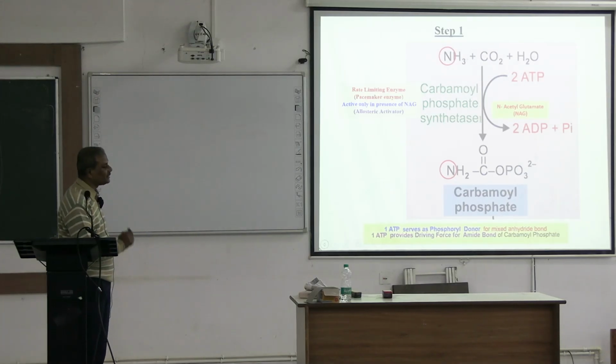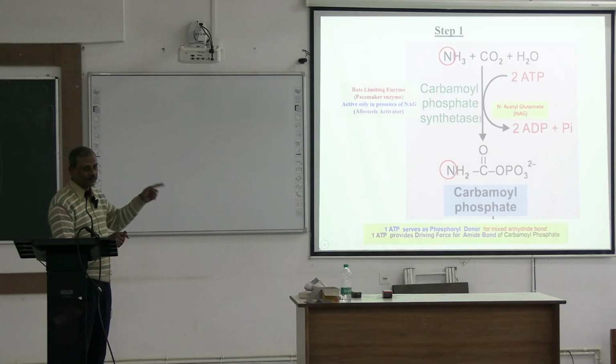Now, this NAG is produced and broken down, so there is a balance of synthesis and breakdown. Only when it is available in adequate amount is it available at a steady state concentration.